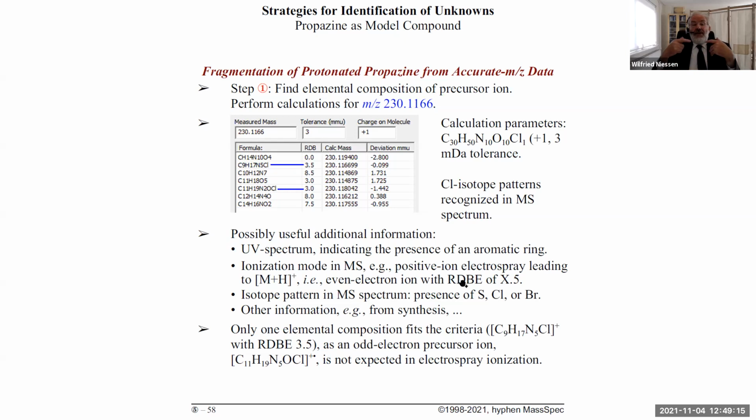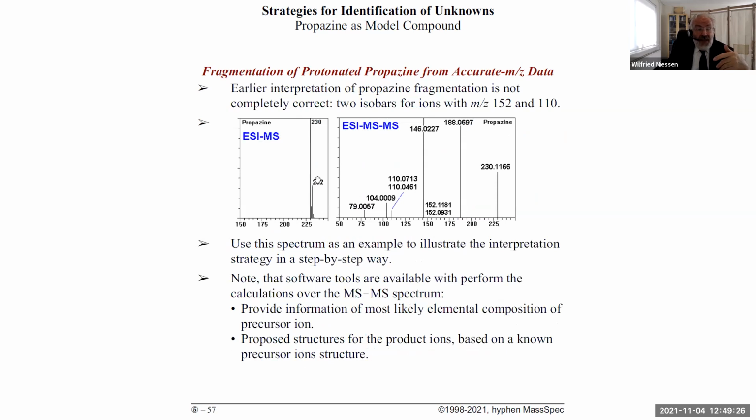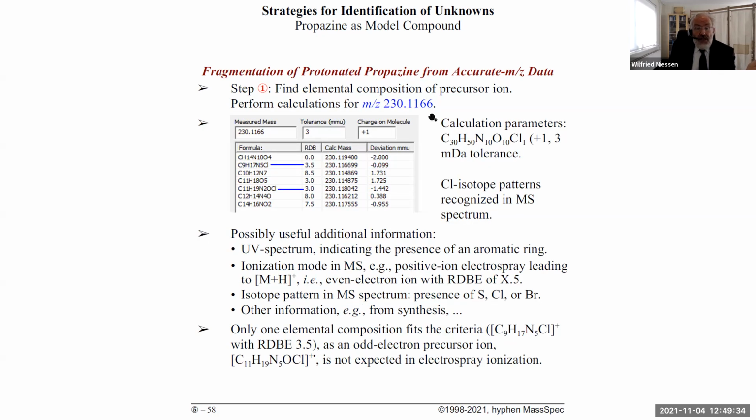So I start out with a precursor ion. I don't know what the elemental composition is. I have seen from the MS spectrum that I have chlorine present, and there's 1 chlorine present. I take that into account. So I start doing the calculations for a number of carbons, hydrogens, nitrogens, oxygens, and 1 chlorine.